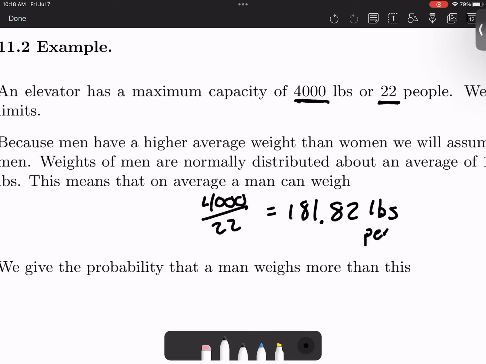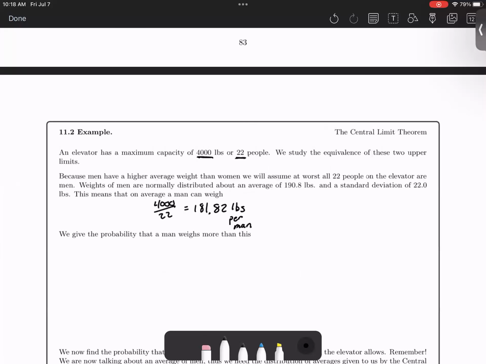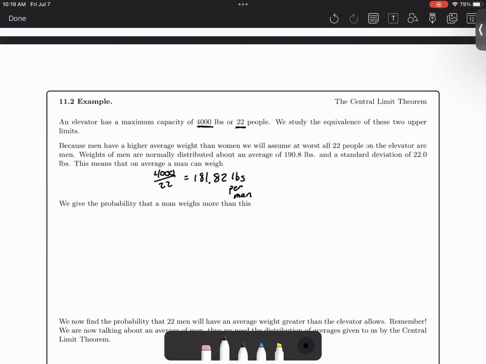This is pounds per man. So on average, each of the 22 men can weigh 181.82 pounds and will be at that threshold of 4,000 pounds. Let's find the probability that a man weighs more than this. We can do this because we know what the distribution of weights of men looks like. We know that they're normally distributed.